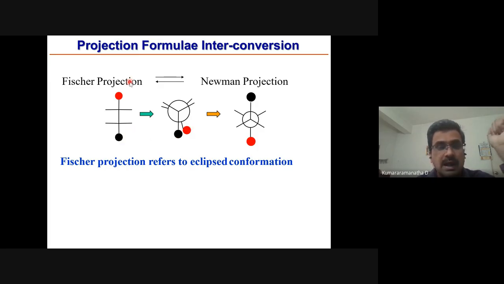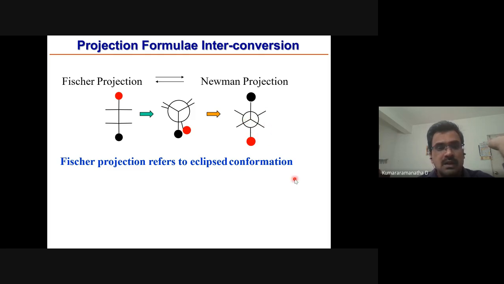So the black and red are the functional groups which are facing away from you. If you want to make a Newman projection, you convert the eclipsed into a staggered conformation. So you can see that is the front carbon and accordingly the rear carbon.